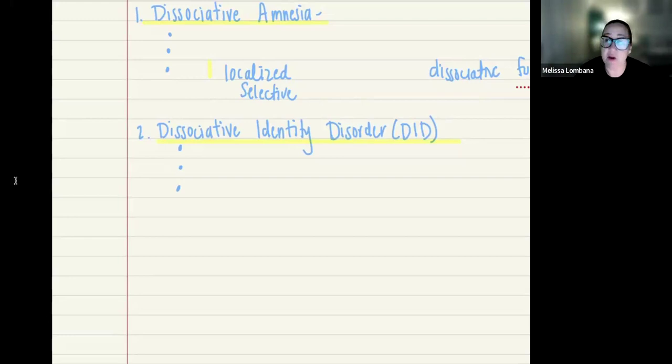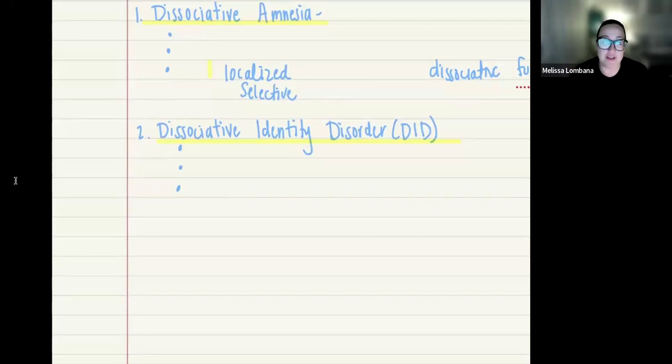Okay. Now, there have actually been studies using EEGs, measuring brain wavelengths, and they have found that the alters will have a completely different wavelength and response to the same stimulus. So they'll watch the same thing and they will have different responses in their brain wavelengths.